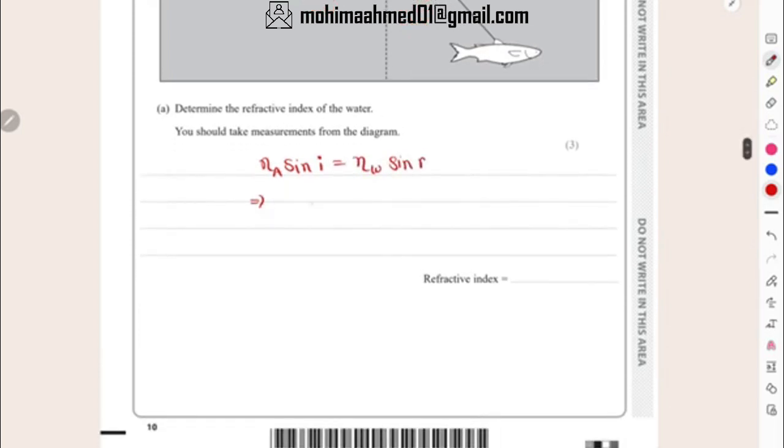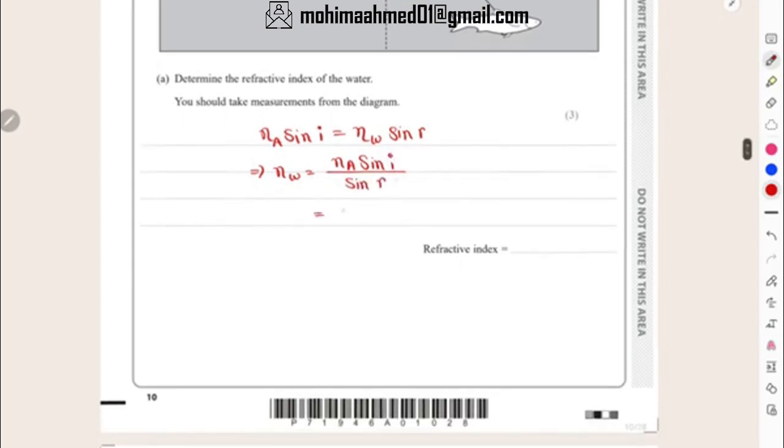If you make n water the subject of this equation, it becomes n air sine i over sine r, which means n air is 1, sine i was 43 degrees, and sine r was 65 degrees.